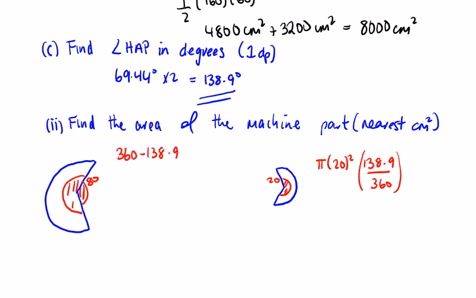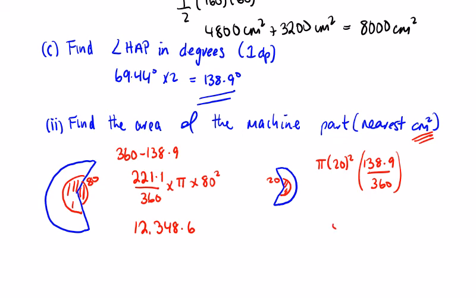That's going to be 221.1. 221.1 over 360 multiplied by pi multiplied by 80 squared. So actually, we need it in centimeters squared. So I'll just type this into a calculator. I'm going to get 12348.6 to one decimal place there.